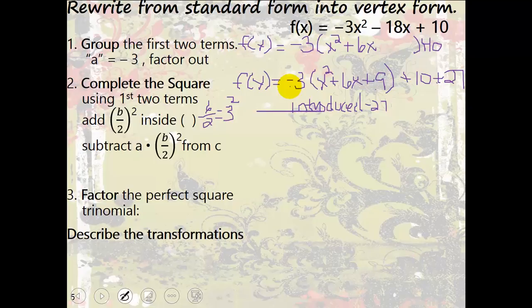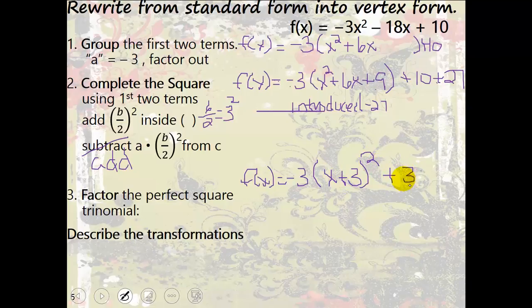So I'm doing the opposite. So this would be add here, okay? All right. And now we have to factor. So I get f of x is equal to negative 3 times x plus 3 squared plus 37.